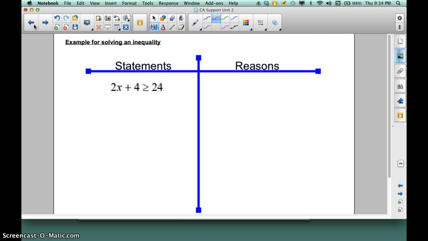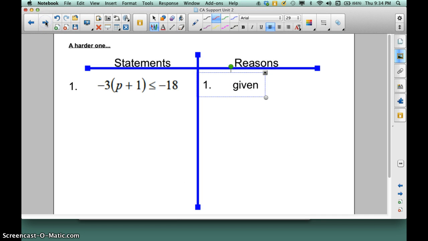So I want you to, on your own paper, do this one, and we'll go over the answer in class. And there's one more here that's a little harder, and I just want to make sure I can get you started so that when you do this, you know what to do with the parentheses. If you recall, when you have a number in front of parentheses, it's being multiplied, but you have to do it to everything in the parentheses.